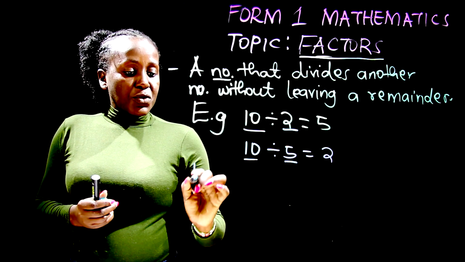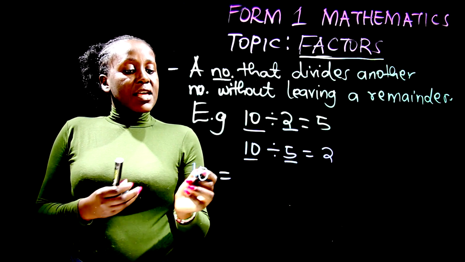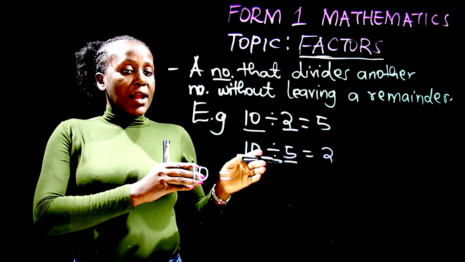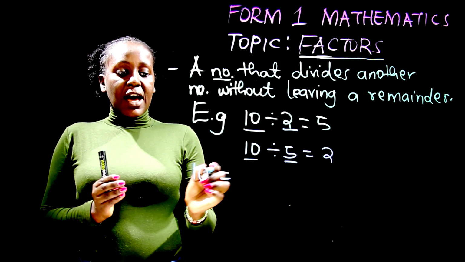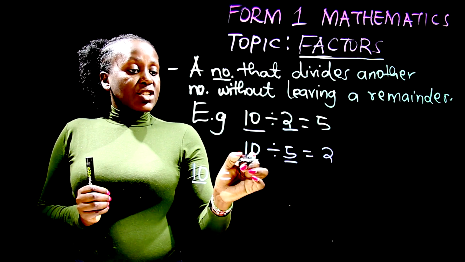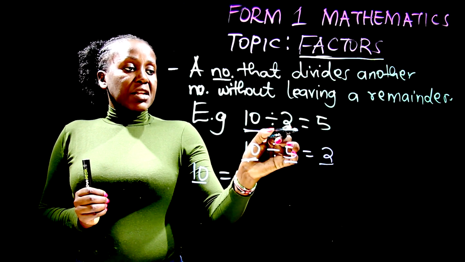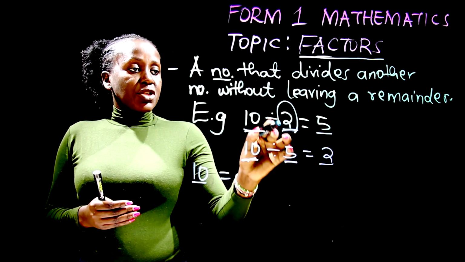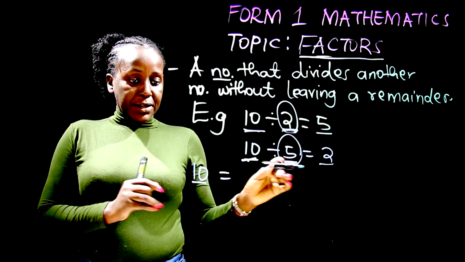Now the easiest way to do this is to always begin by dividing the number given by 1. So 10 divided by 1 is 10. That means that the 1 and the 10 are factors of 10. Look at this example. 10 divided by 5 is 2. 10 divided by 2 is equal to 5. And we have concluded that both 2 and 5 are factors of 10.